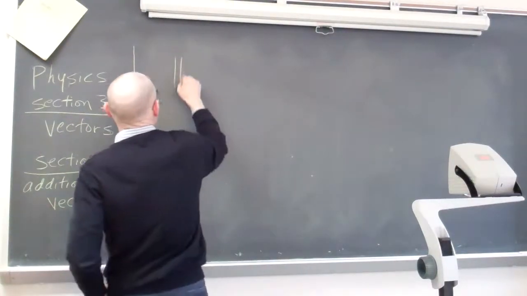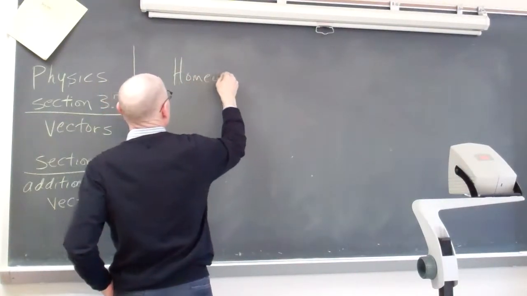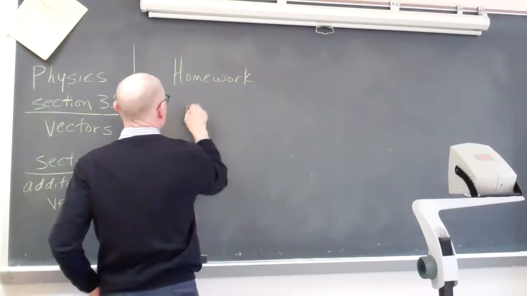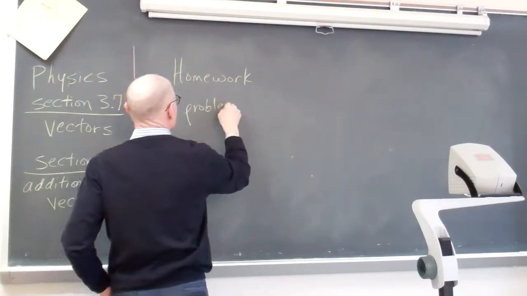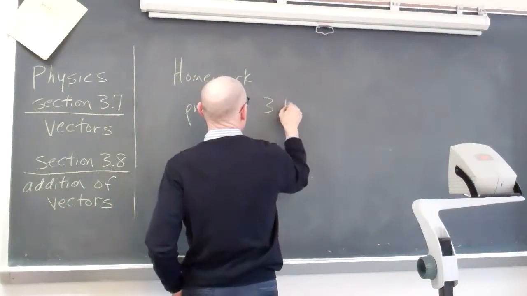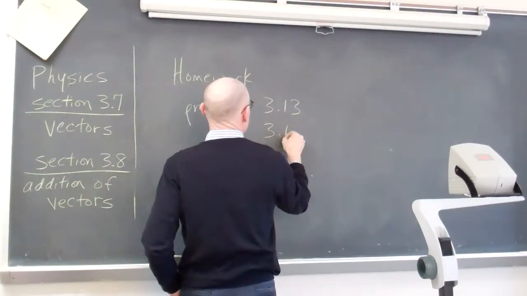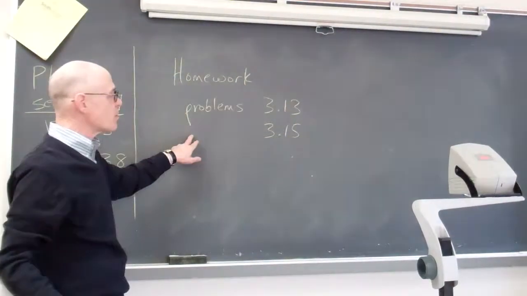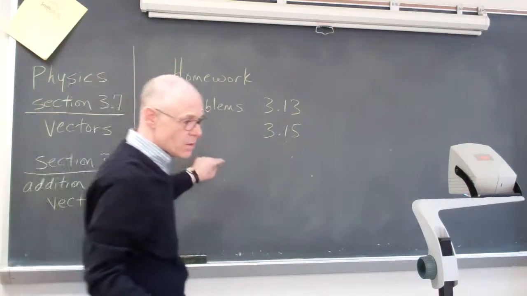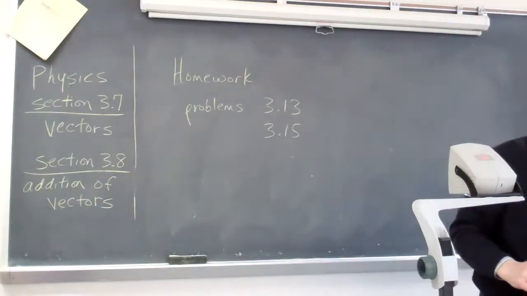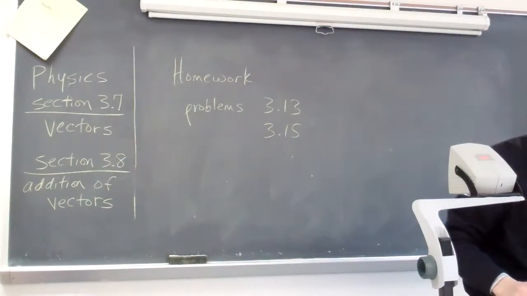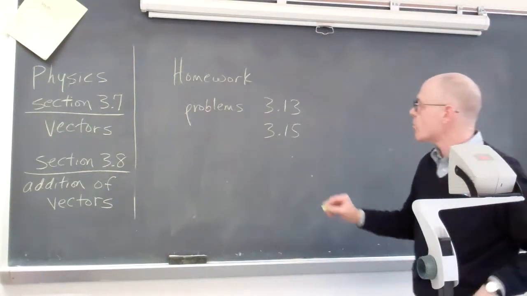So your homework would be problems 3.13 and 3.15. Now these are problems that are at the end of the chapter, and those are on the bottom of page 63 and the top of page 64.